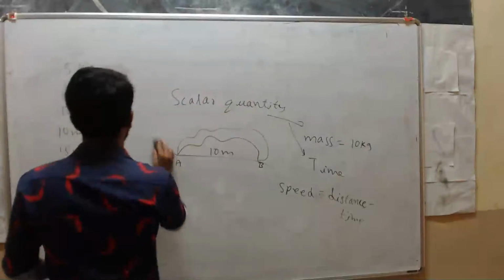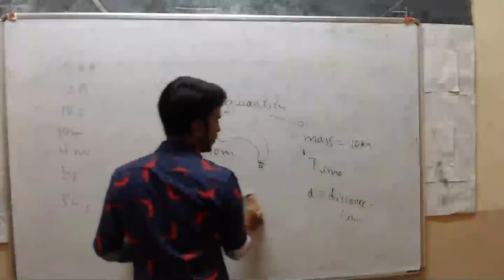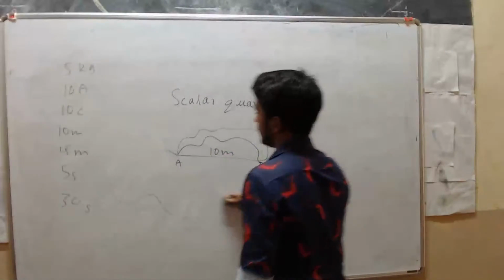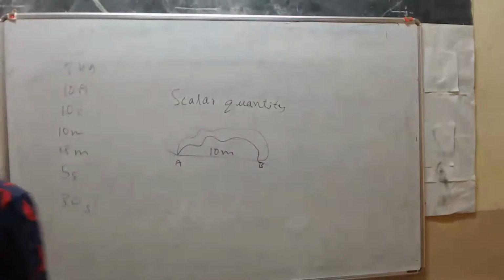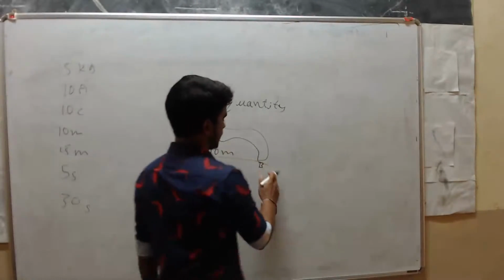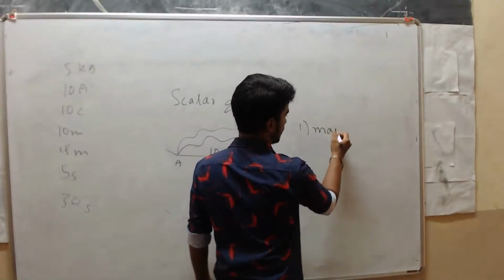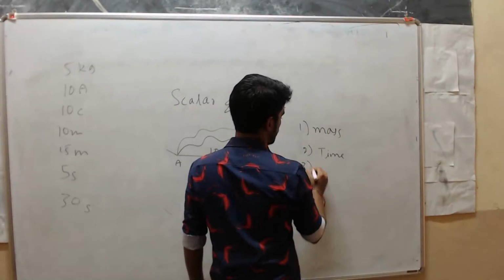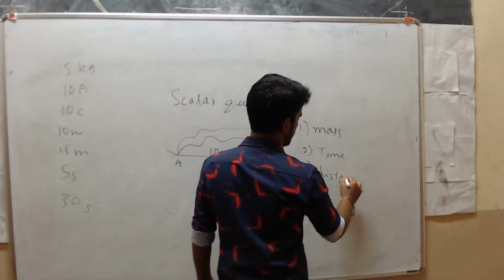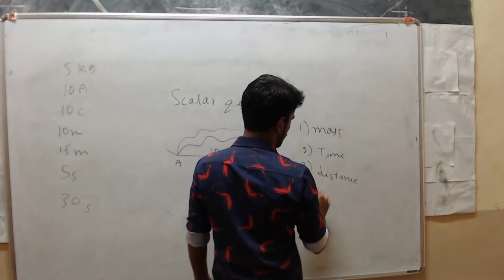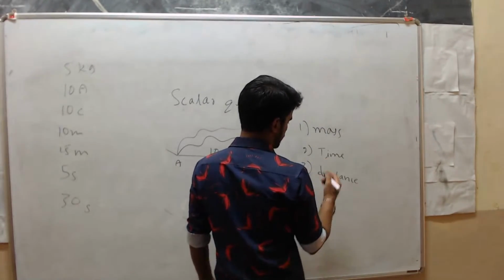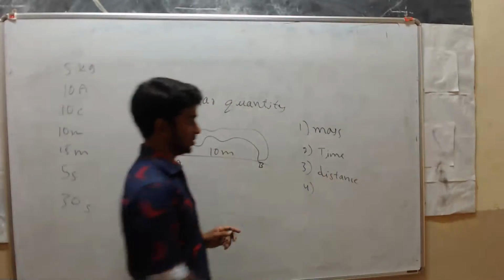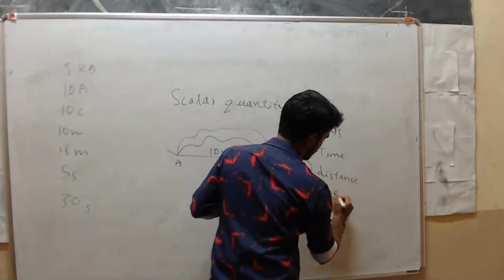Next, can you give other examples for scalar quantity? Mass is a scalar quantity, time is a scalar quantity, distance is a scalar quantity. Let me list examples for scalar quantity: mass, time, distance, and then speed.